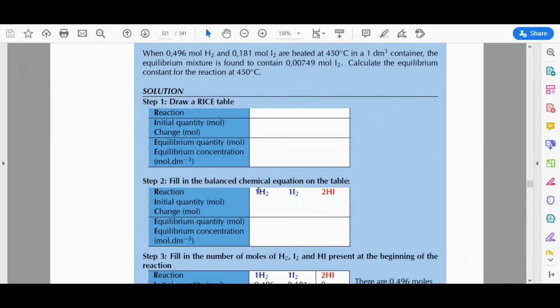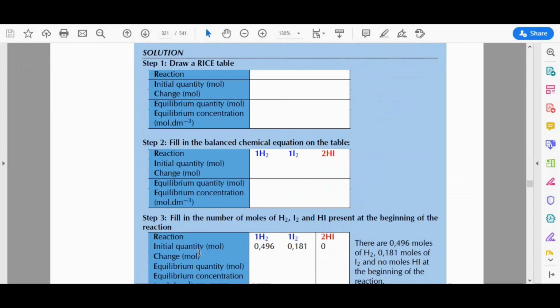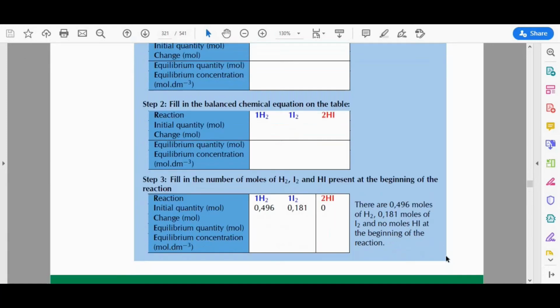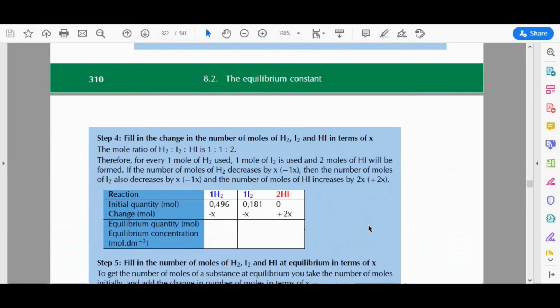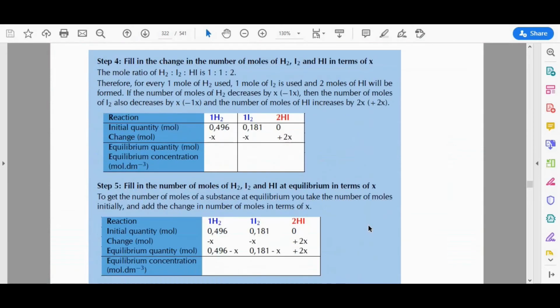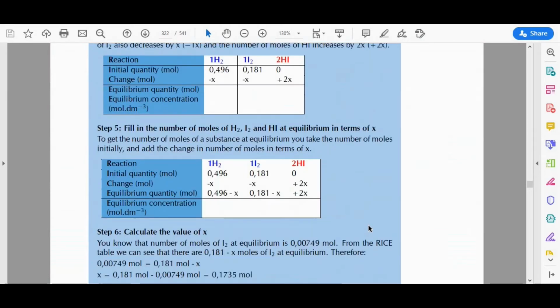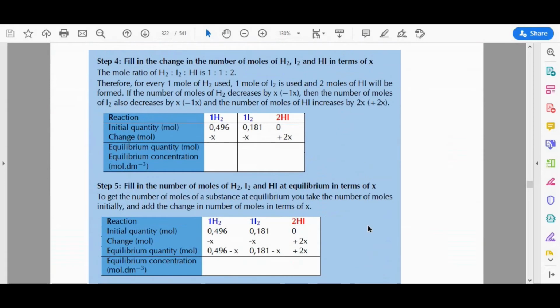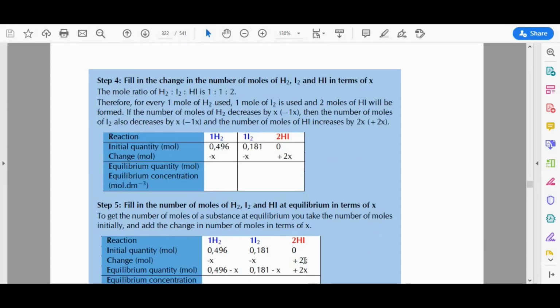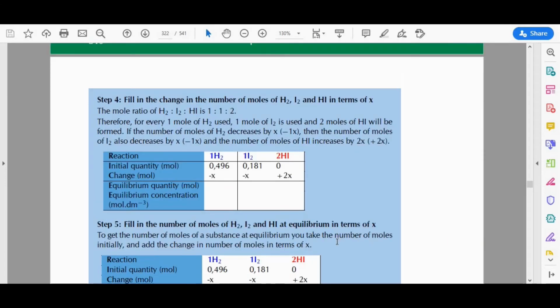Okay, my mole ratio is correct in terms of my reactants. My first initial mole quantity is correct, yes. Let's see, the equilibrium mole quantity. Okay, let's go through this equilibrium thing over here quickly. The change in mole would obviously be negative x for both of these.